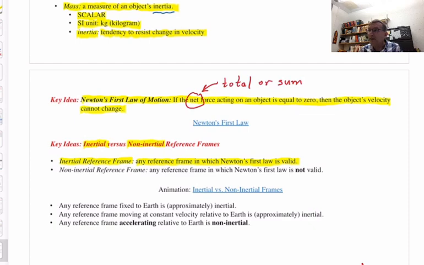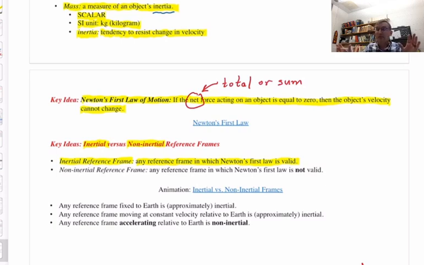In that reference frame in deep space, we observed that when the net force on the box was equal to 0, the box's velocity did not change. So by observation, that reference frame in deep space obeys Newton's first law. Newton's first law is valid. And so by definition, that reference frame, by observation, is an inertial reference frame.